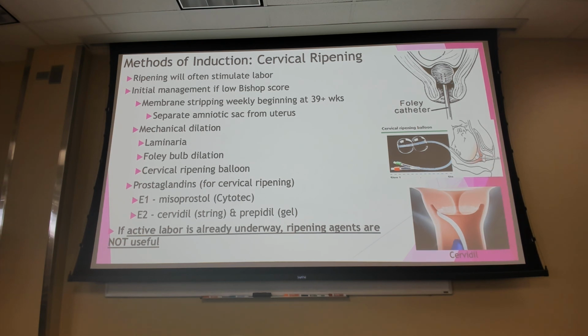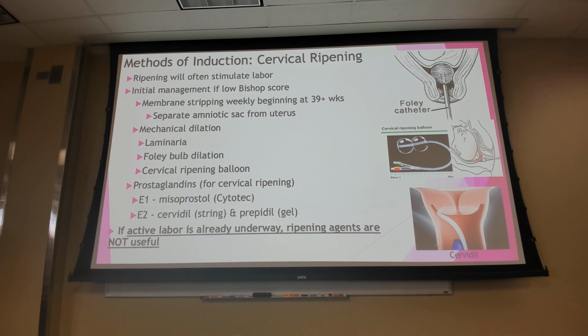Or we can use prostaglandins, like misoprostol or Cervidil. Misoprostol is a pill, and that pill goes up by the cervix and starts to thin and dilate the cervix. And Cervidil is a string that has medication. And again, that goes up in front of the cervix, and it releases prostaglandins and ultimately will thin and dilate that cervix.